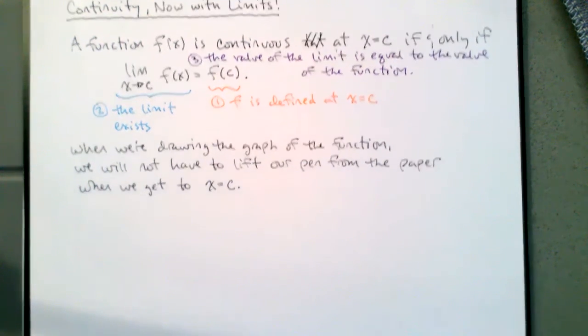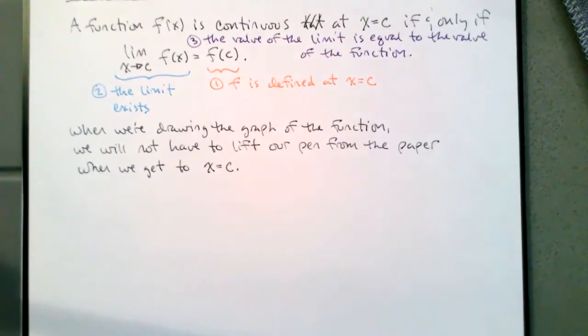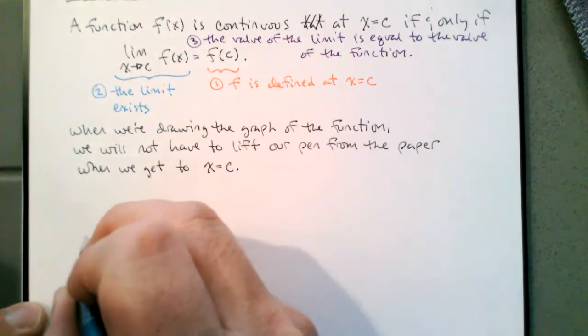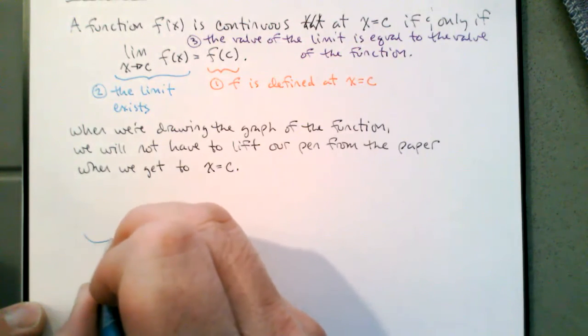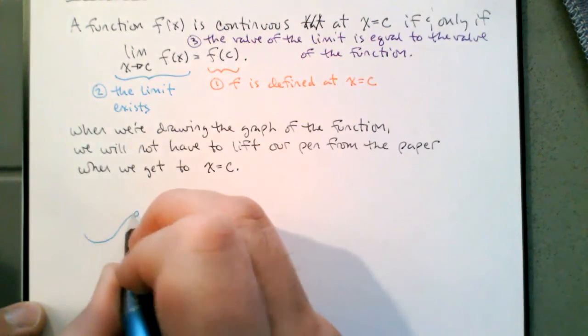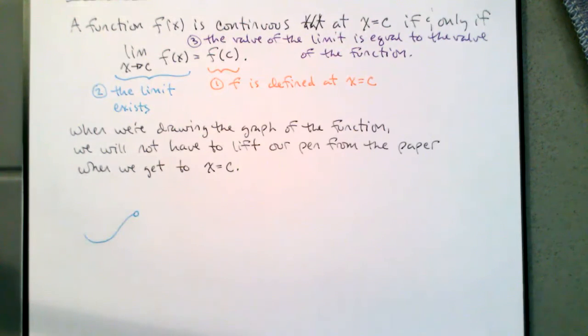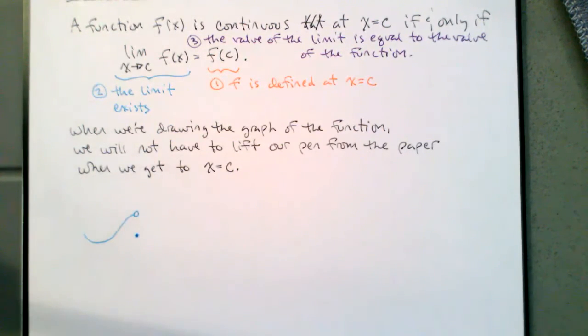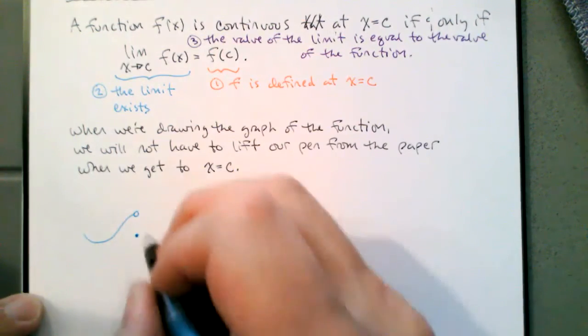So if we think back to drawing a function, one of the things that can happen is that we stop defining the function one way here, and it drops down and then starts doing something else.